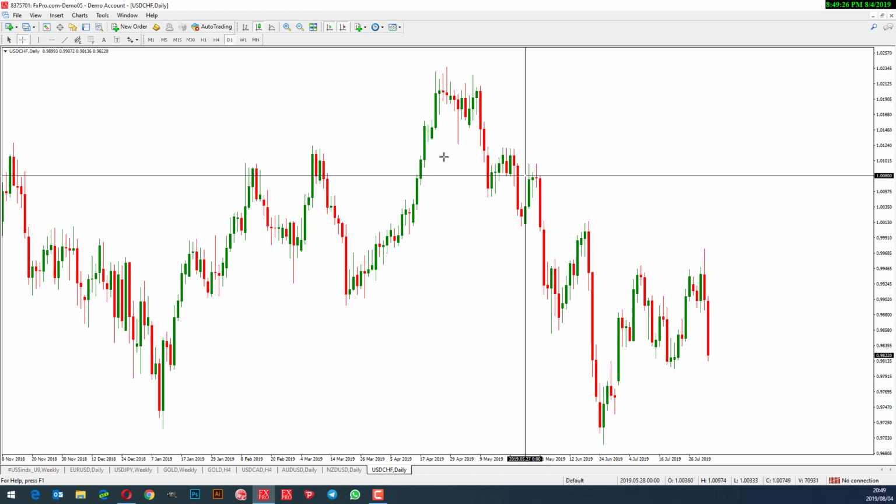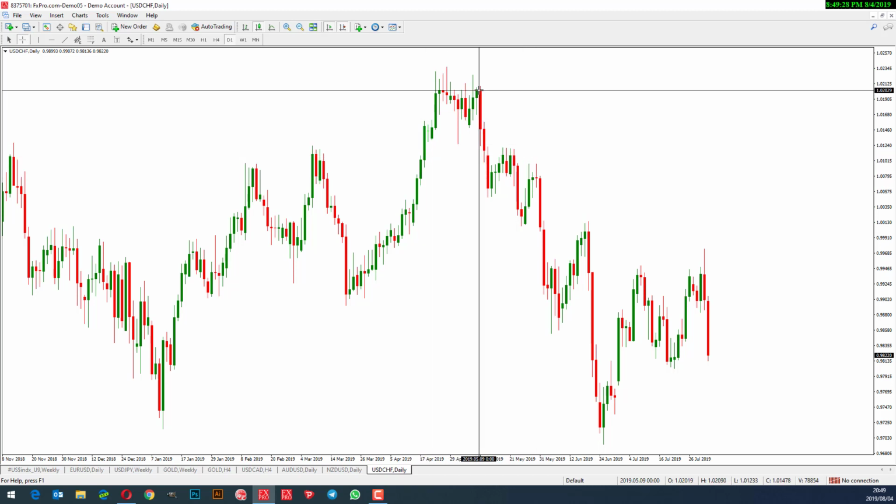So the crosshair basically tells you the price level, the time and the date, and it also tells you how many pips are in the range that you are highlighting.